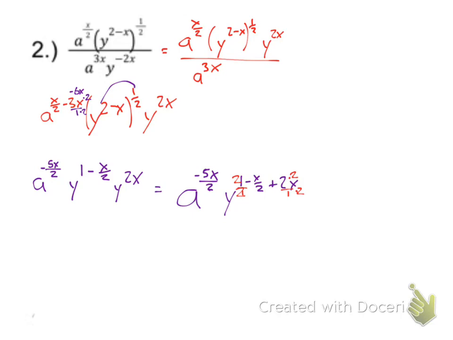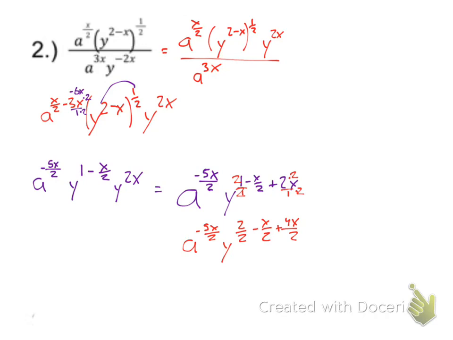Well, 2 times 1 is 2. So we get y to the 2 over 2 minus x over 2 plus 2 times 2x, 4x over 2. Does everybody see the common denominators now? So all of it can be written over 2.